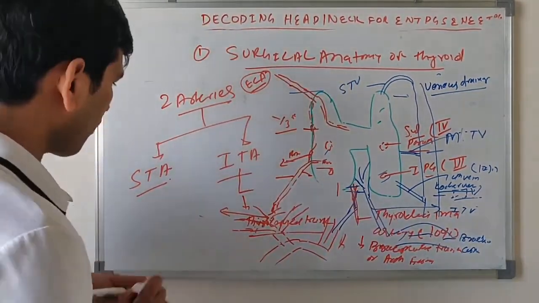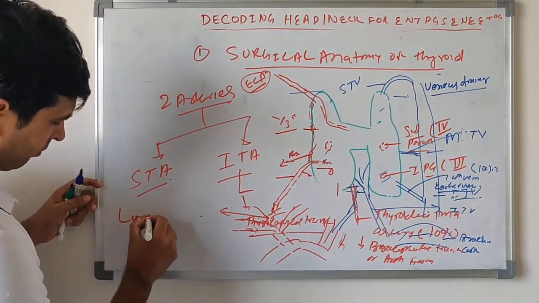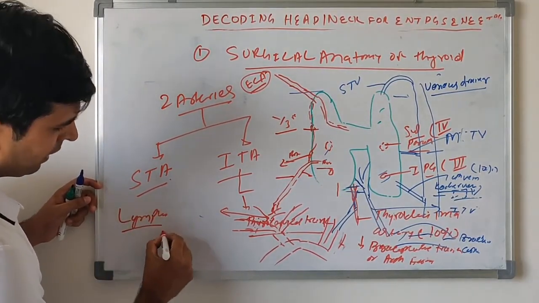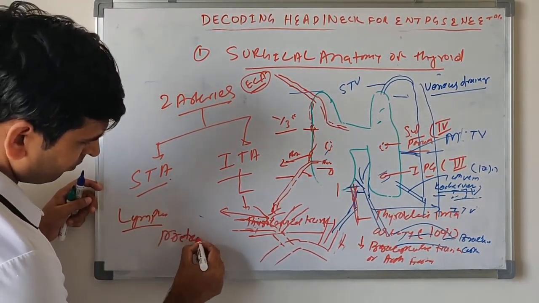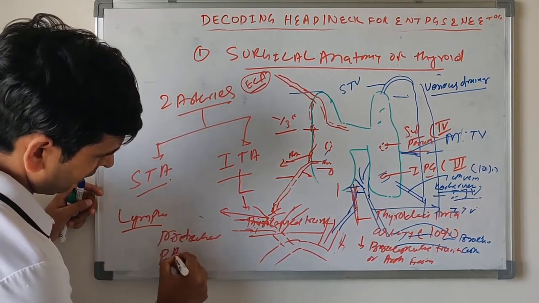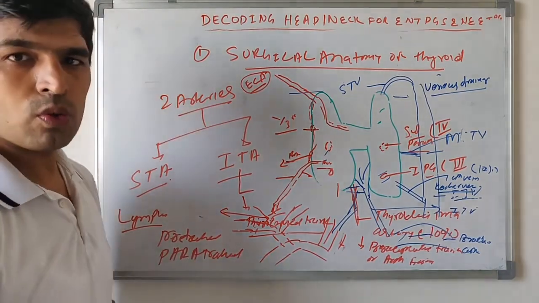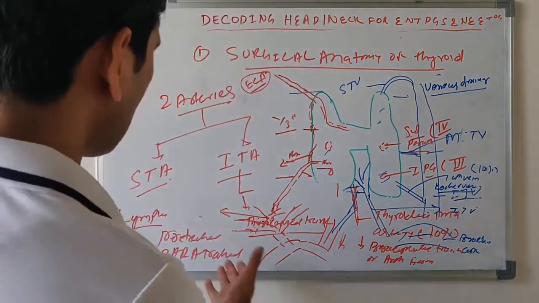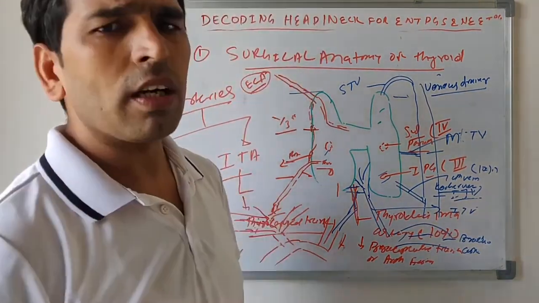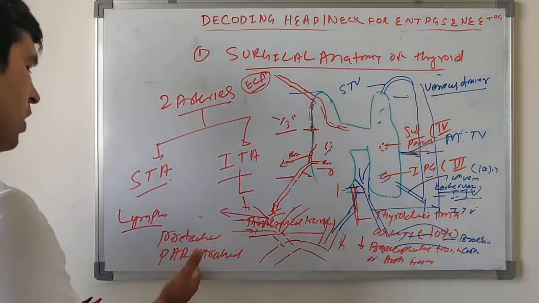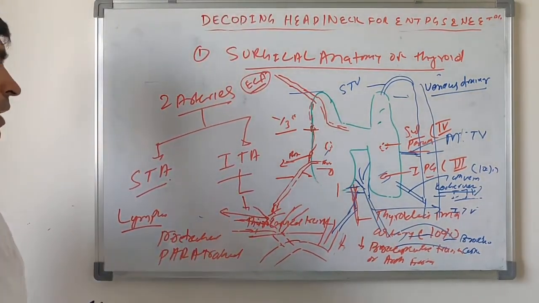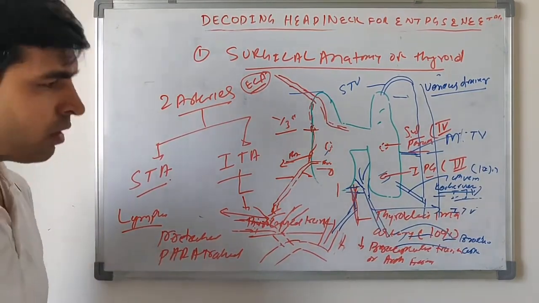Lymphatic drainage of the thyroid is mainly to the pretracheal lymph nodes and paratracheal lymph nodes. Ultimately they drain to the third and fourth cervical nodes, that is the pretracheal and paratracheal lymph nodes.